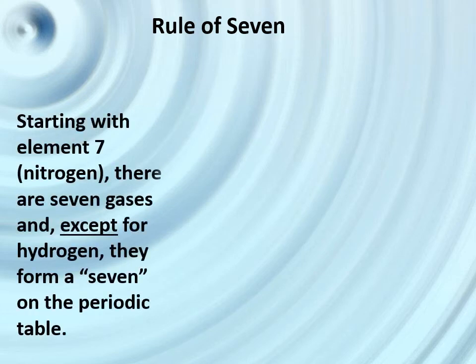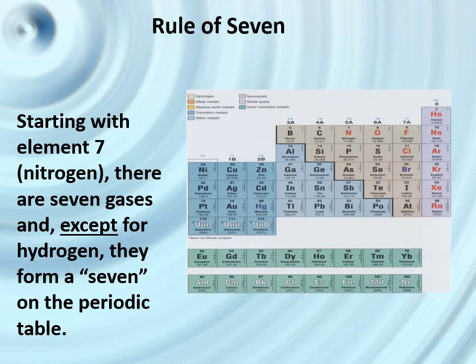Now, you can use the rule of 7 to remember which elements are gases. Starting with element number 7, which is nitrogen. There are 7 gases, and except for hydrogen, they form a 7 in the periodic table, as you can see by the blue line. 3 across and 4 down.